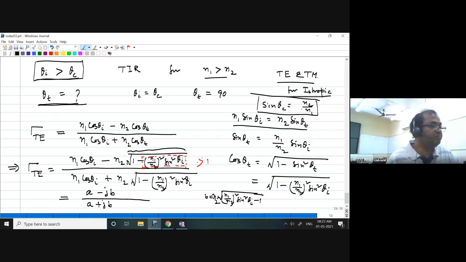That is your b. That means b is a positive value, because this is actually greater than 1. So b is a positive number. So I can write a minus jb by a plus jb, right? So this is a good one.